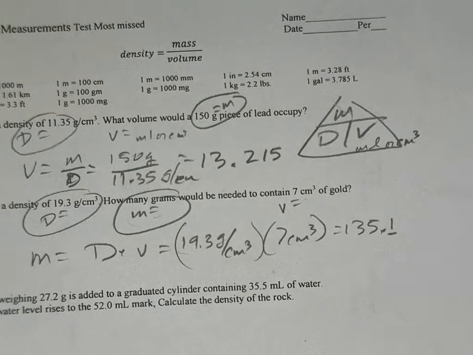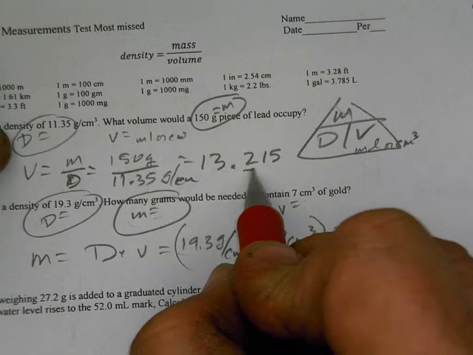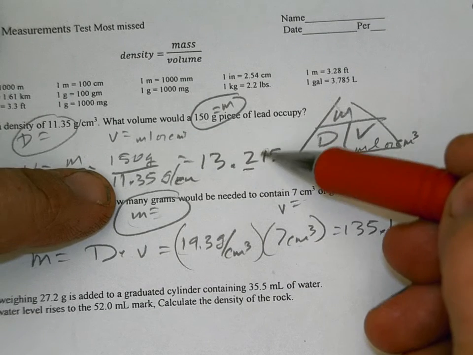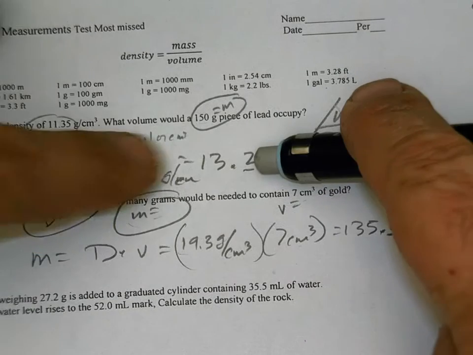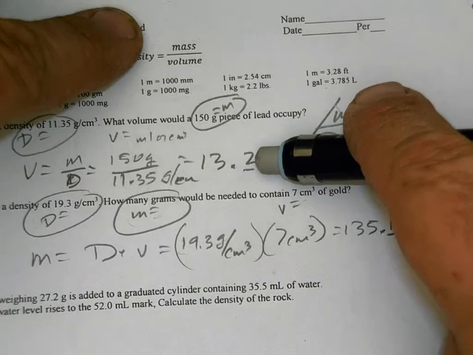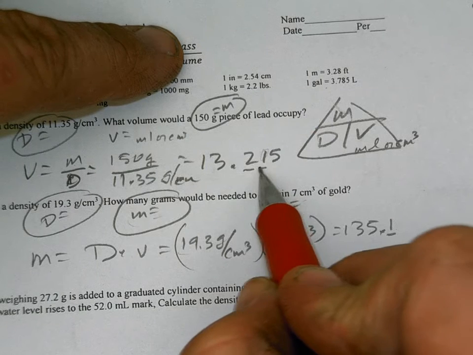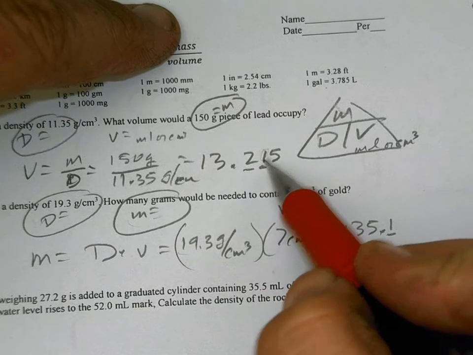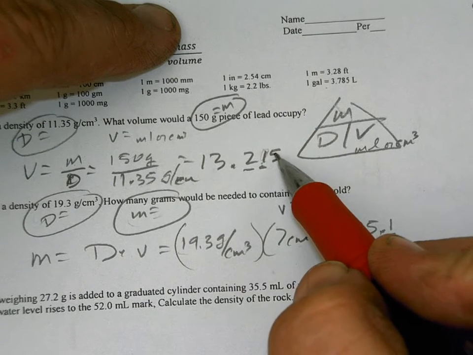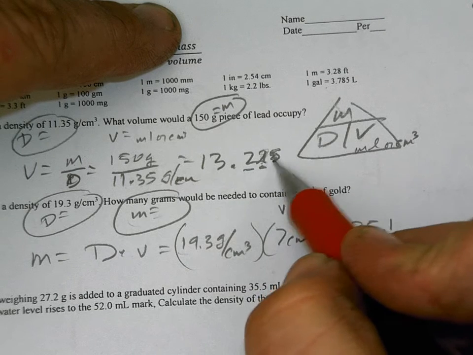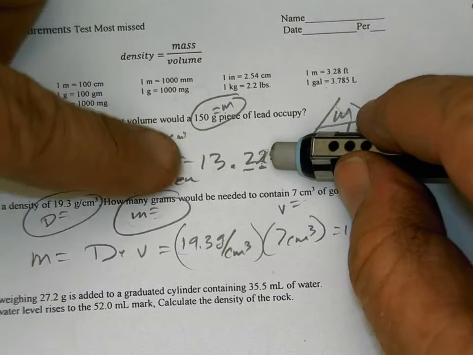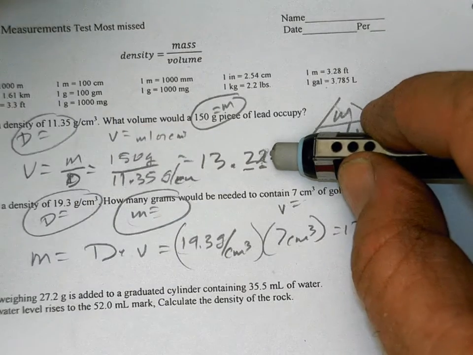Now, if the test asks you to round it to 1 decimal place, since this number is less than 5, your answer would just be 13.2. If we asked you to round it to the 2nd decimal place, we have to round here. Since this number is 5 or bigger, we would round up. Your answer to 2 decimal places would be 13.22.